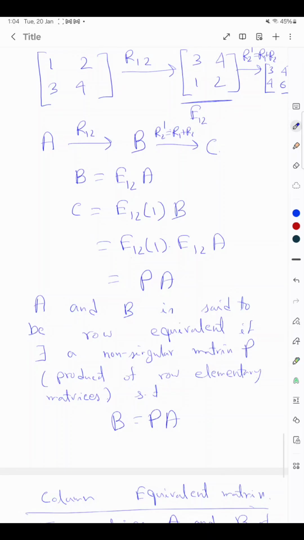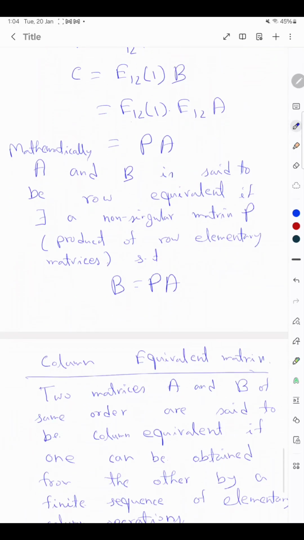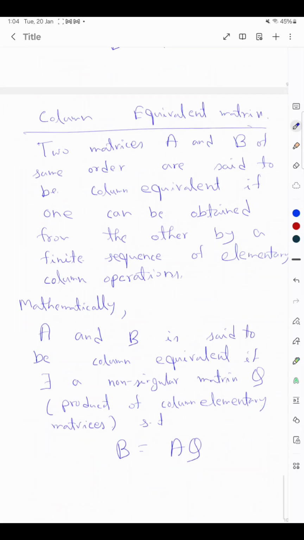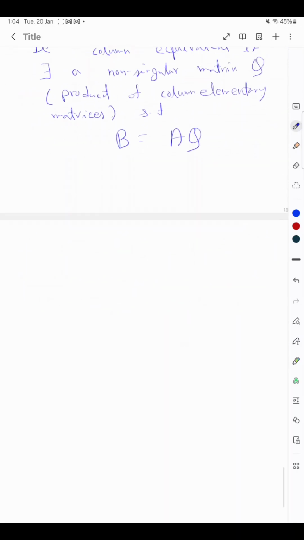So this is your row and column equivalent matrix. Next thing is echelon matrices.